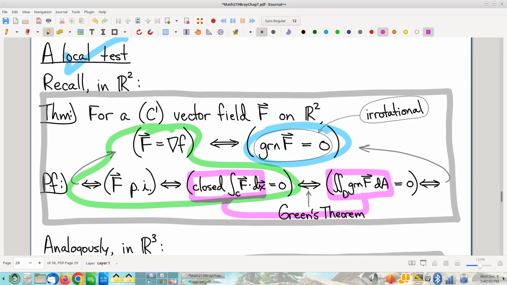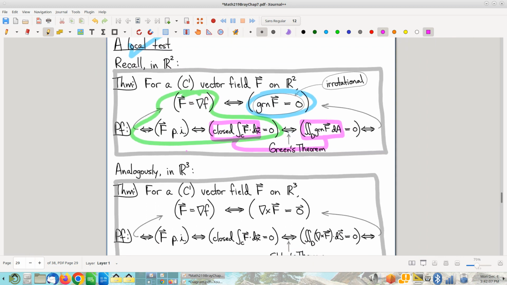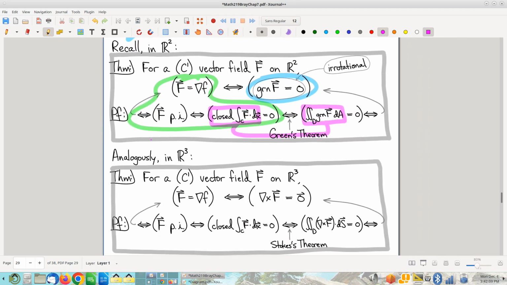You may recall as well that I mentioned we can draw a similar conclusion about 3 dimensions, and I asserted that we can use curl as our local test. I didn't really have the tools necessary to connect the dots at the time, and I mentioned, well, there's another theorem coming, and that other theorem is going to be how we'll connect the dots here. So we now have that other theorem.